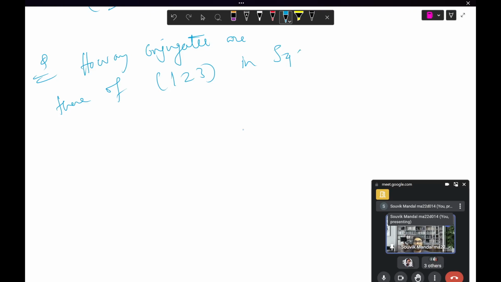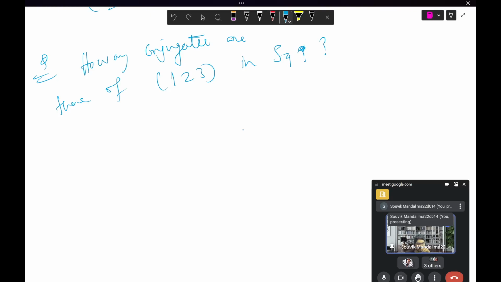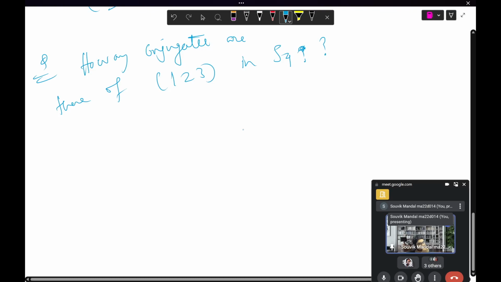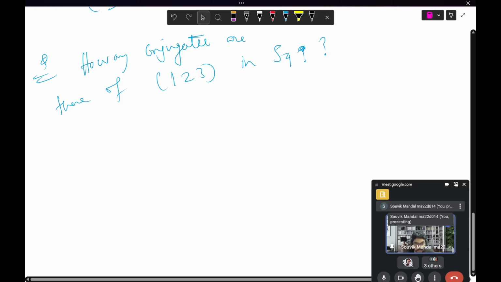So in S4, how many conjugates of the cycle (1 2 3) are there? Okay, please think about it. I shall get back in some minutes.